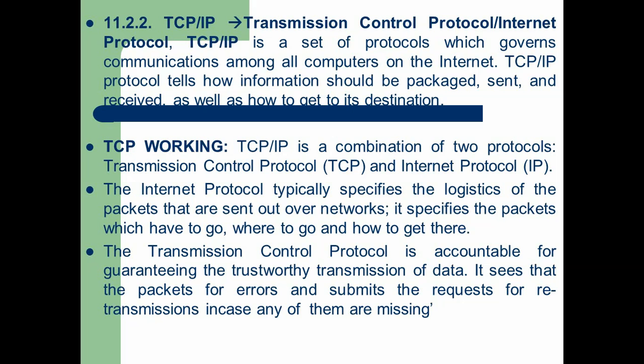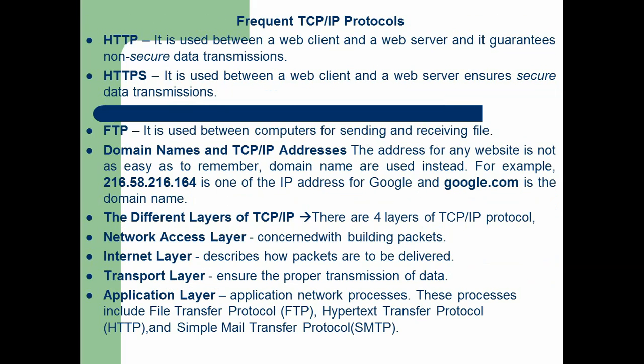In that way the IP protocol writes all the information required for that packet, like the route of travel, the destination computer's IP address, and the sender's IP address, and how to deliver at that particular destination is also mentioned on that packet by the IP protocol.